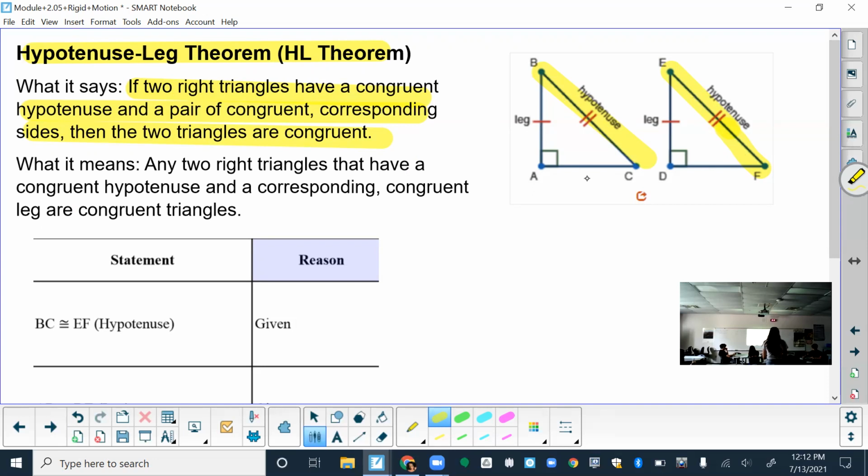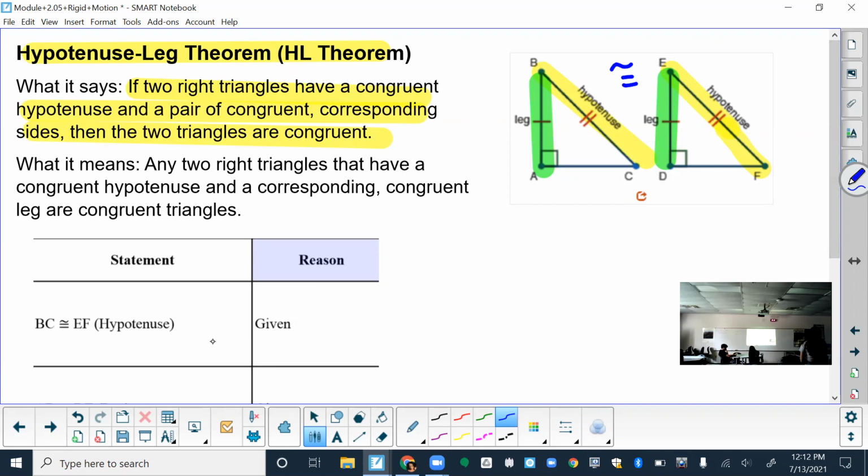So it could be either this one or this one. Since this leg has one hash mark, and so does this one, we can say that the triangles are congruent. All right, questions? So these are congruent to each other.